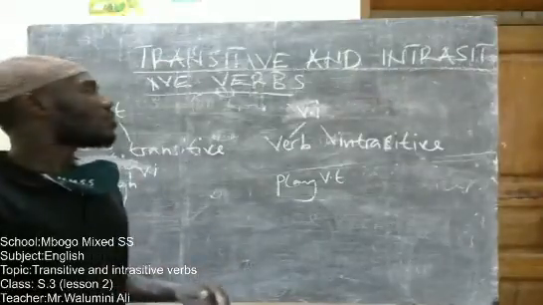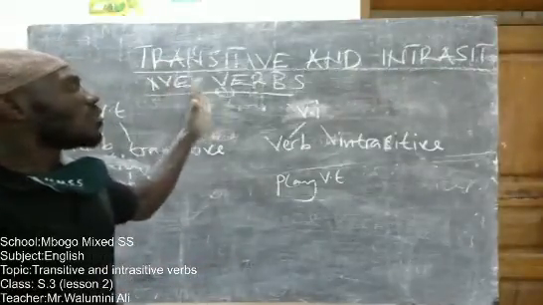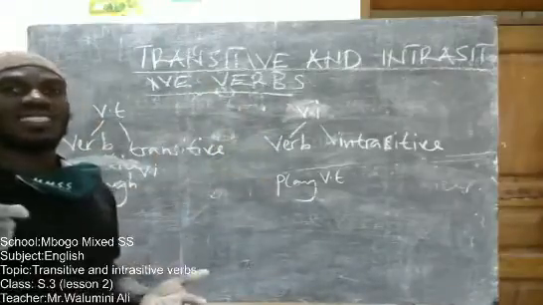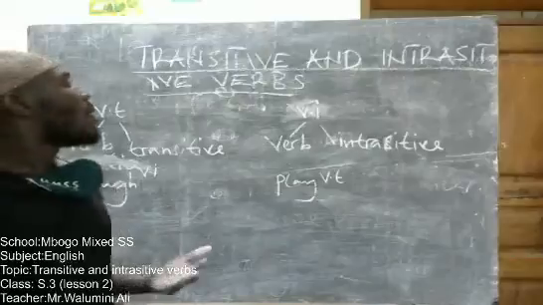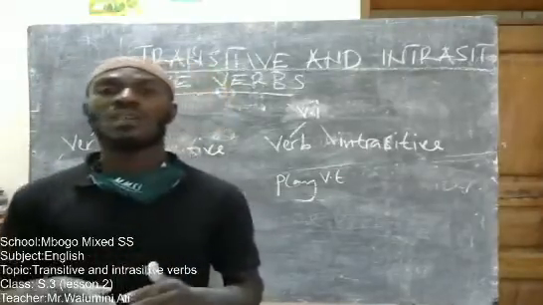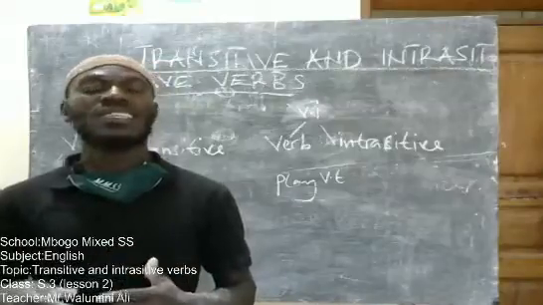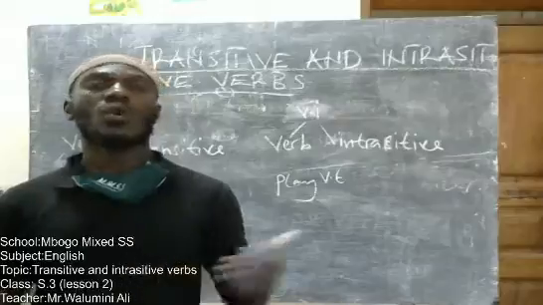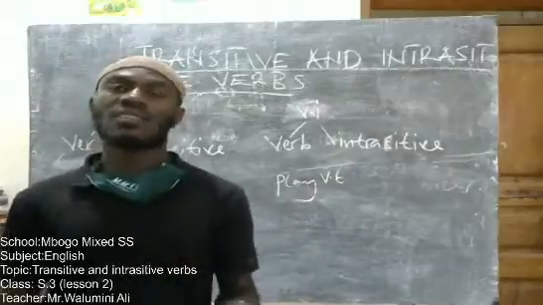We went to these types of verbs where we had transitive and intransitive verbs. So we say that a transitive verb is the one that requires a direct object in order to make complete meaning of the sentence or a given statement.